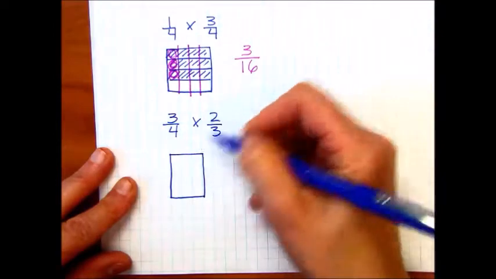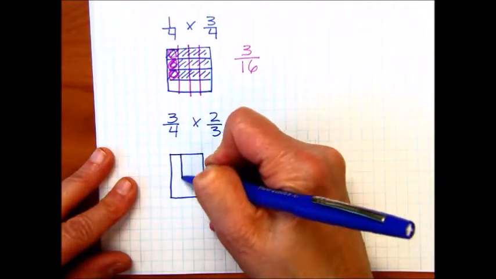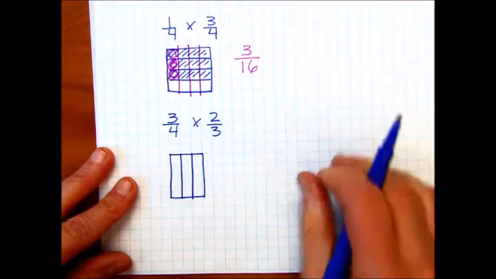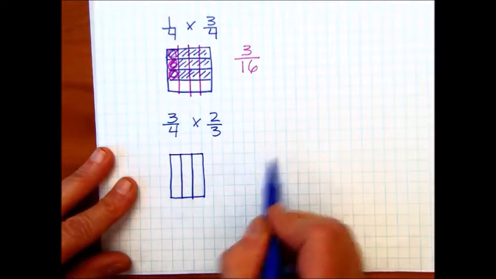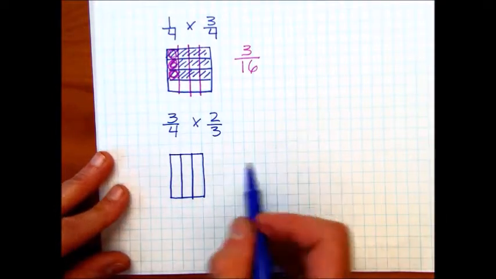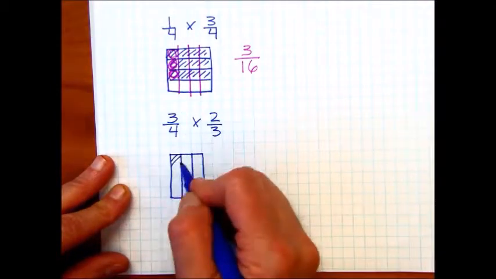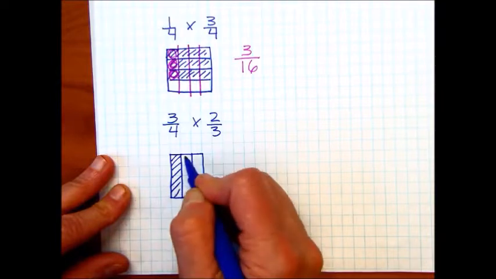In this one, I'm going to represent the thirds in columns, and you could have done rows. You could have made a longer and a shorter in the width, but that's fine. So 2/3 is going to be shaded in.